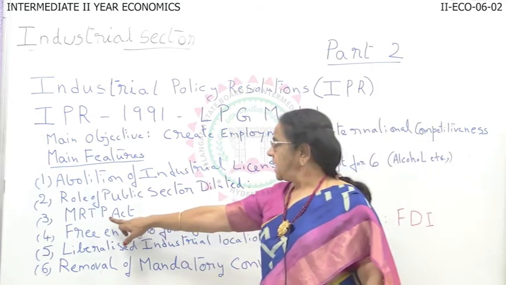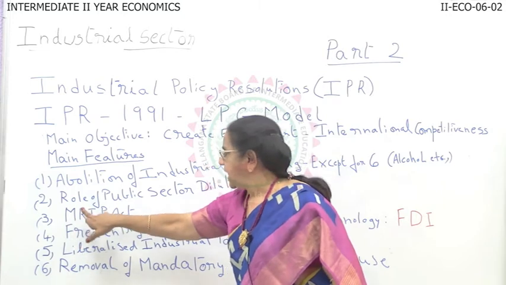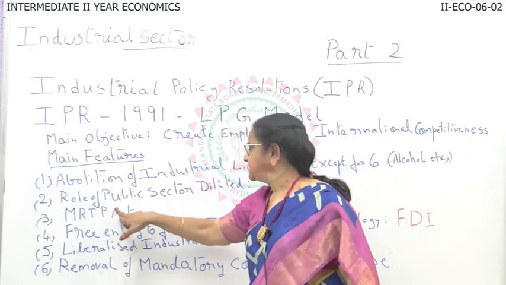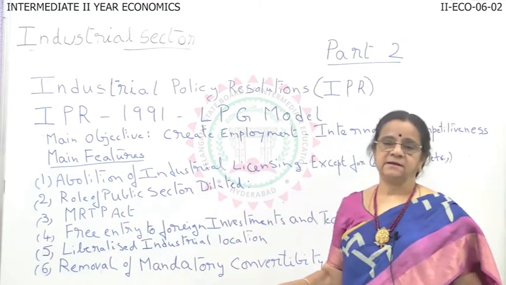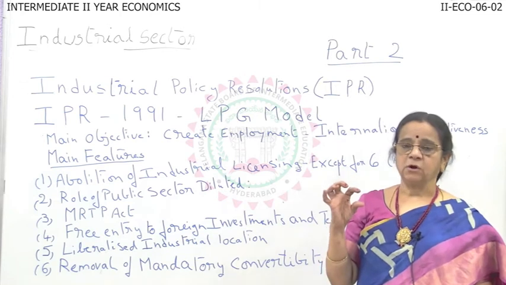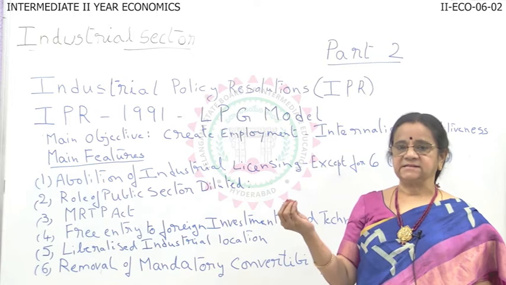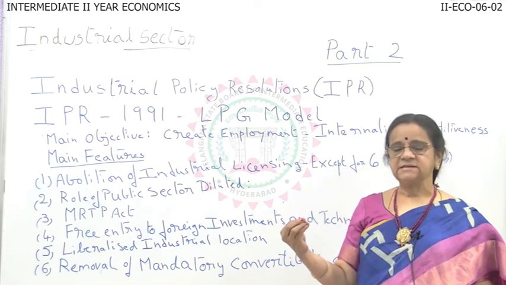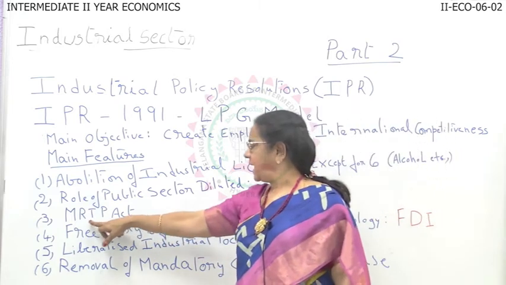Then the MRTP Act. It stands for Monopolistic and Restrictive Trade Practices Act. This was amended to raise the limits of the enterprises' assets. So, the asset limit of the enterprises was raised to a higher level through the MRTP Act.